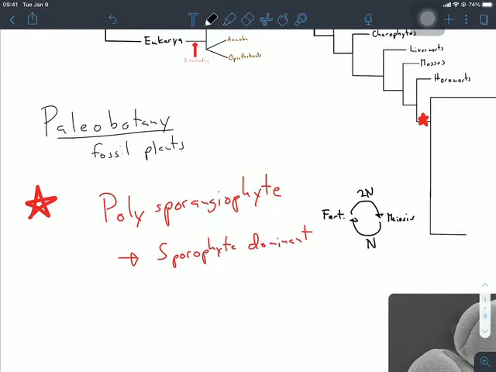This transition to and from finally got its switch to being sporophyte dominant with our vascular land plants. This was quite a revolutionary change. It's not a small feat to switch over which part of your life cycle is going to be performing most of your photosynthesis and most of your lifespan. It is a big switch.